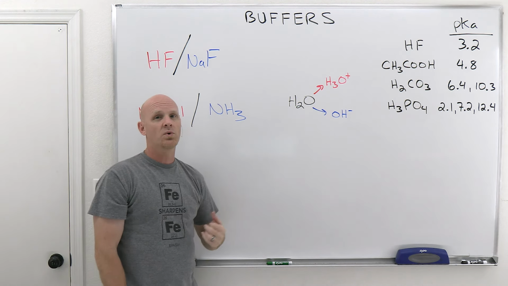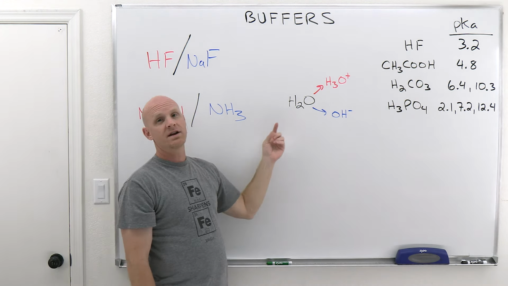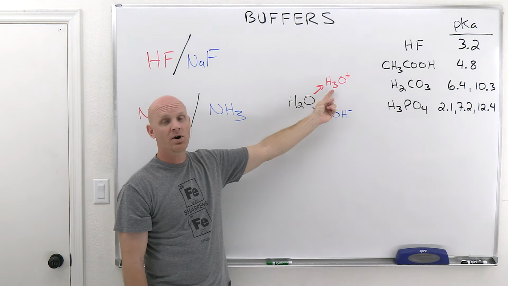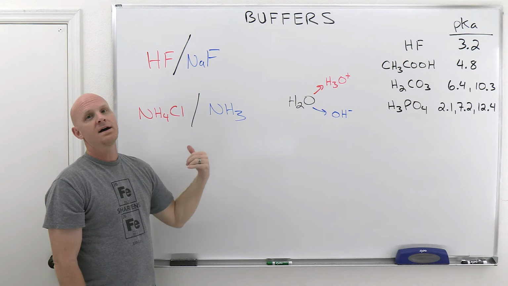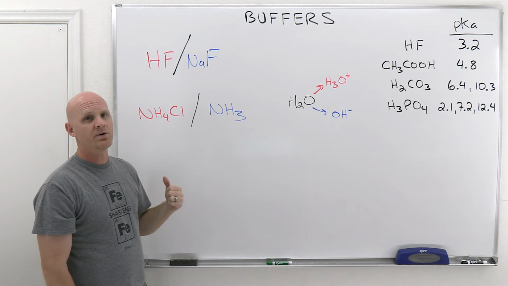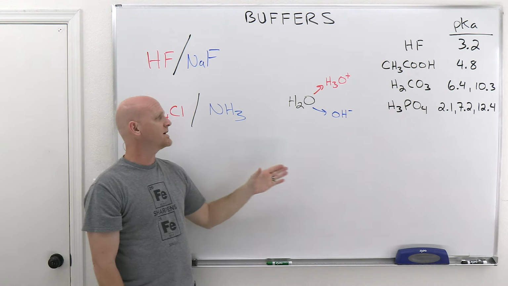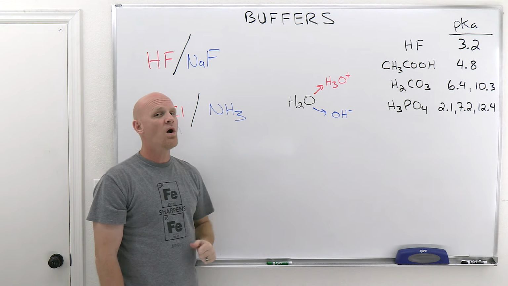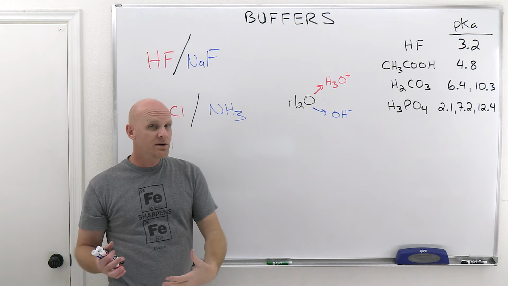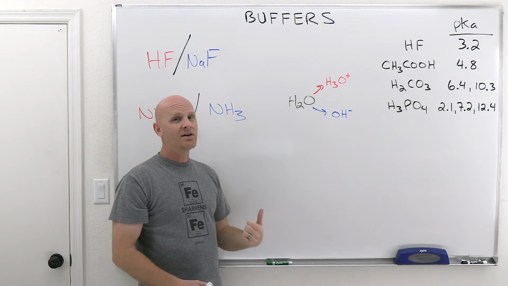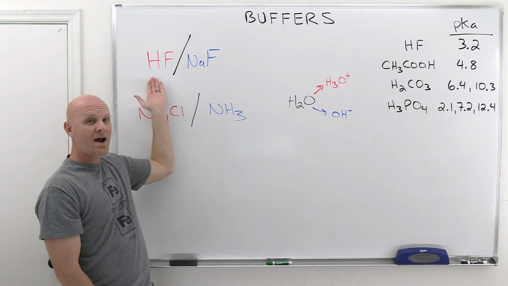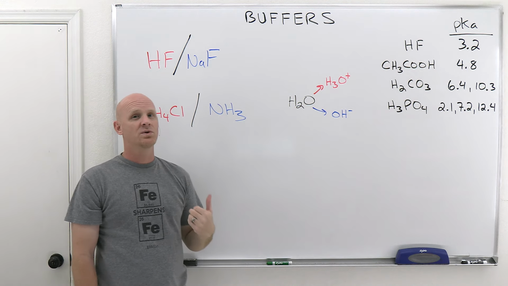And if I add some sort of acid into water, instead of water acting like the base and getting protonated to become hydronium, well, F- is a better base than water, and so F- is more likely to get protonated. So you're protecting water from getting protonated or deprotonated, from acting as either a base or an acid, by simply having something that's a better acid and something that's a better base in your solution.